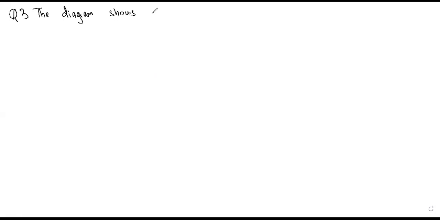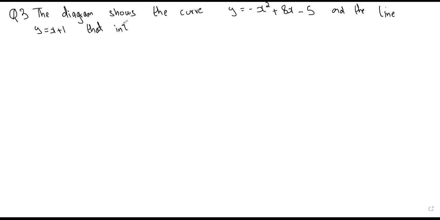The diagram shows the curve y equals minus x squared plus 8x minus 5, and the line y equals x plus 1 that intersect at points 1, 2 and 6, 7.